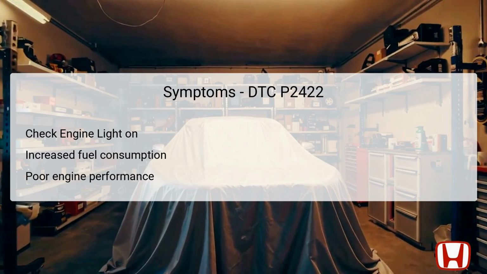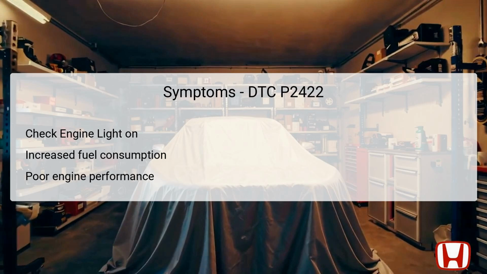When dealing with DTC P2422, several symptoms may present themselves, alerting the driver to potential issues within the EVAP system. A primary indicator is the illumination of the check engine light, signaling that a fault has been detected within the emission-related components.